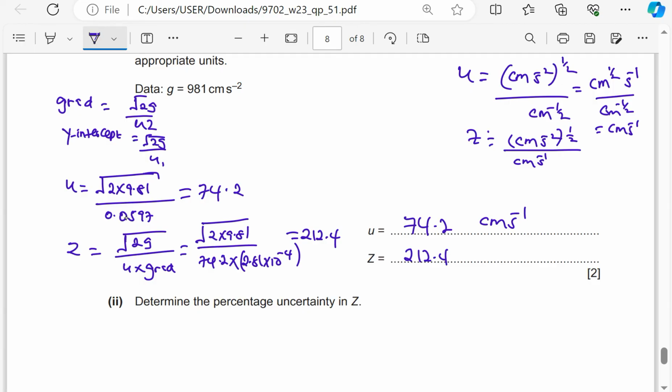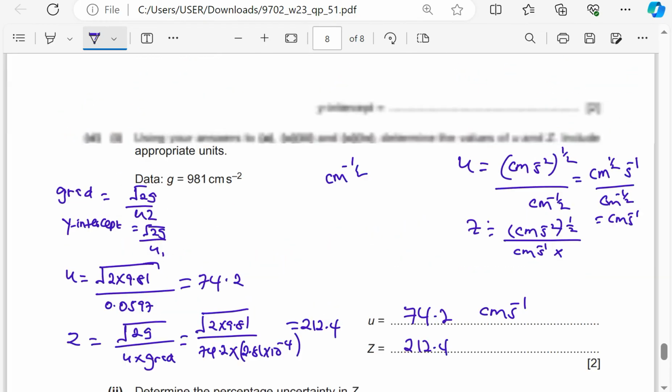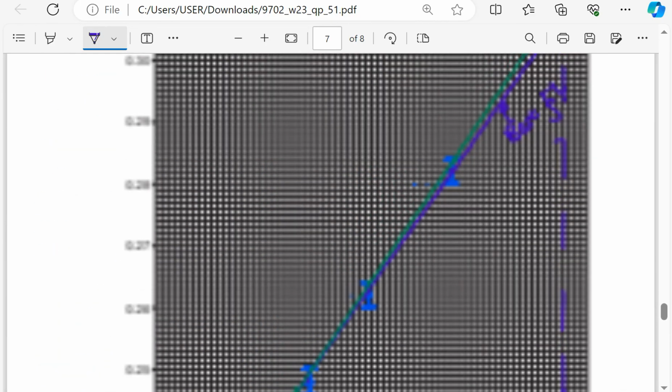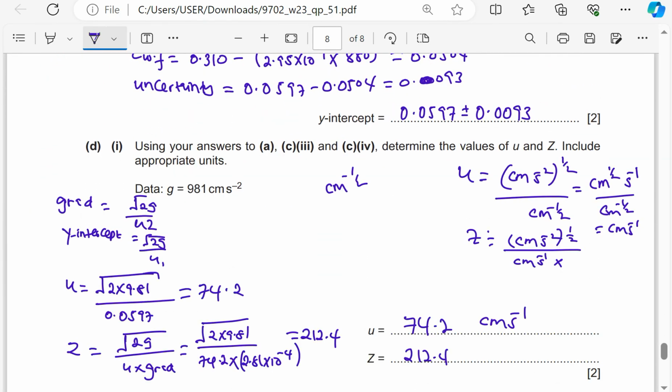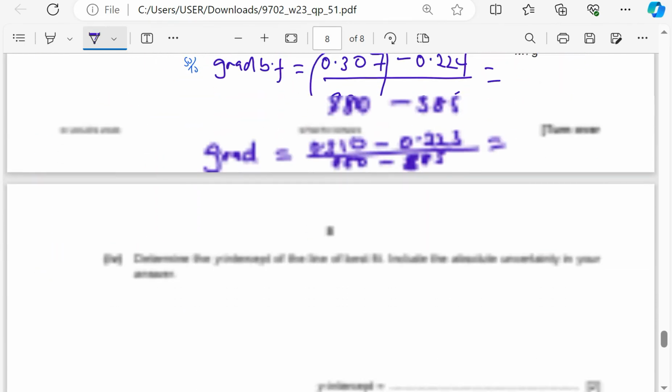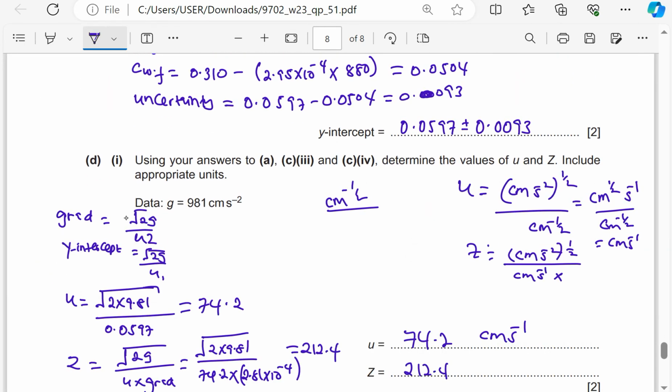Then the gradient: for the gradient I have centimeter power minus a half on the vertical, divided by, on the x-axis, I think it is m, which is grams. Divide by grams.